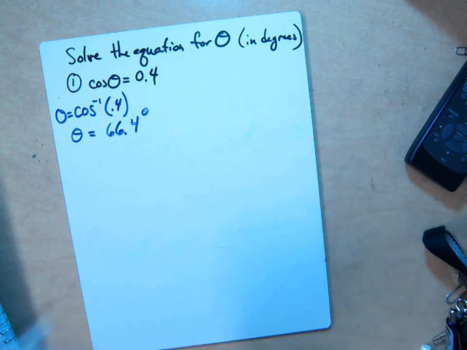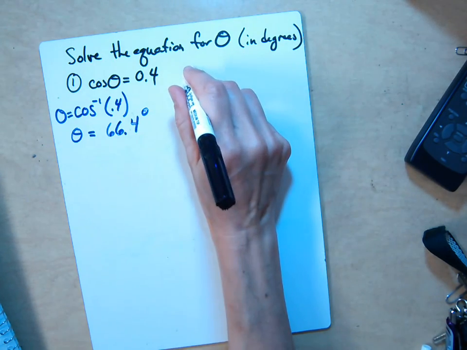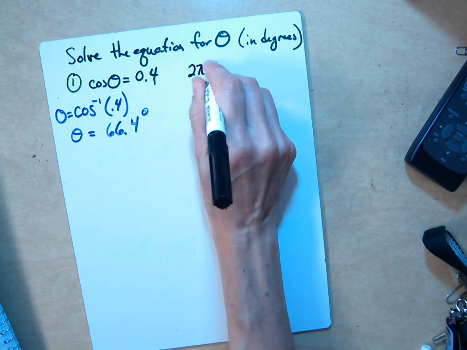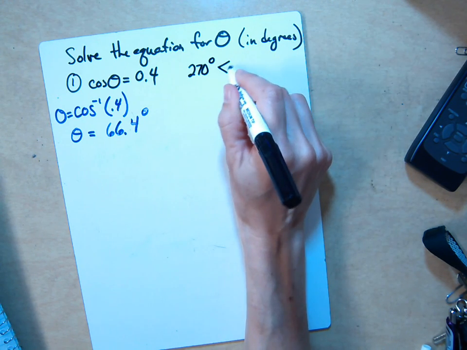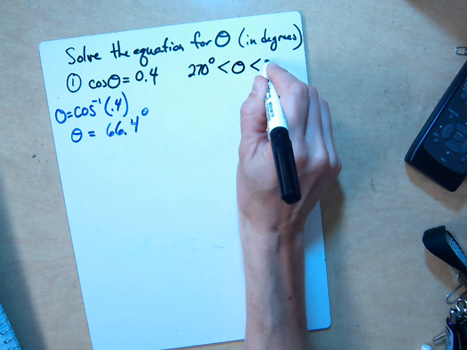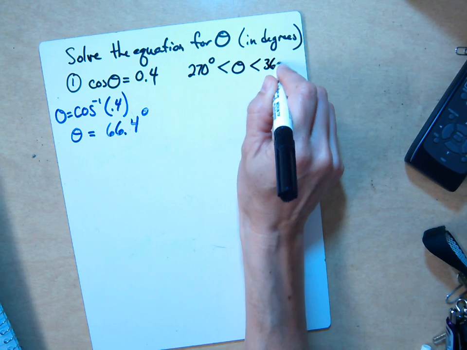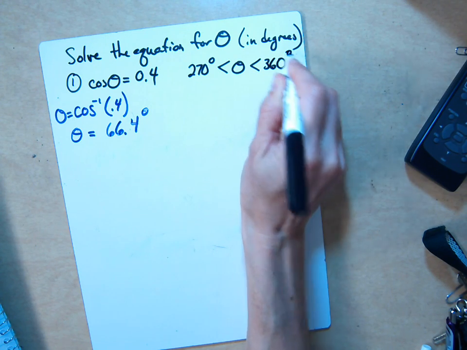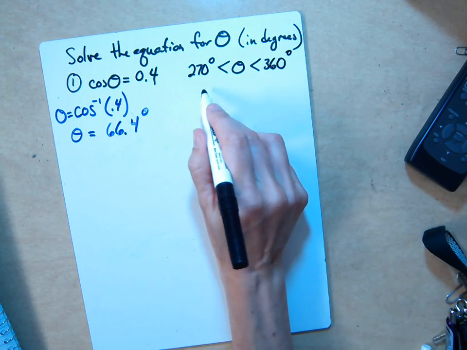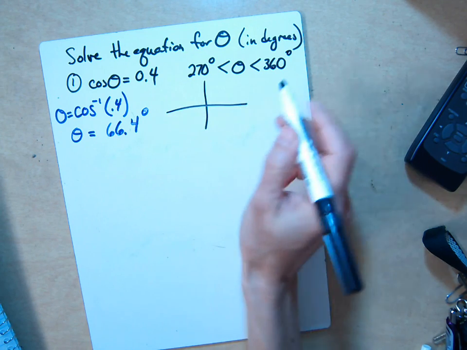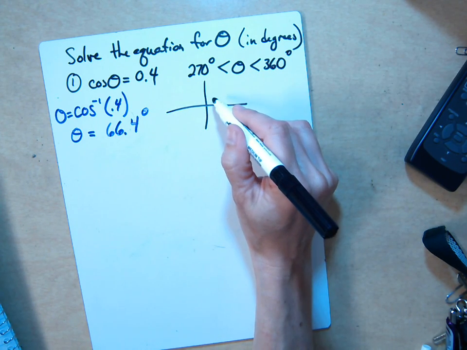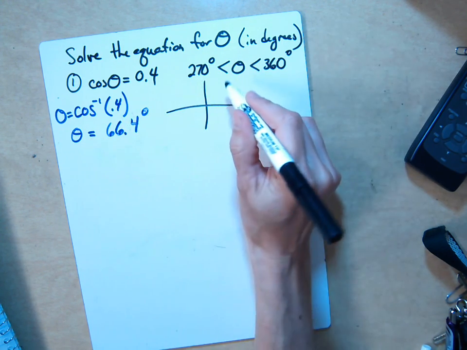Okay, however, in this question, it says that it wants your answer between 270 degrees and 360 degrees. So there are actually two places where we would get 66.4 degrees, where the cosine is 0.4.